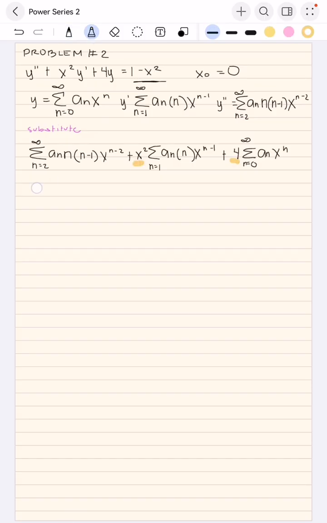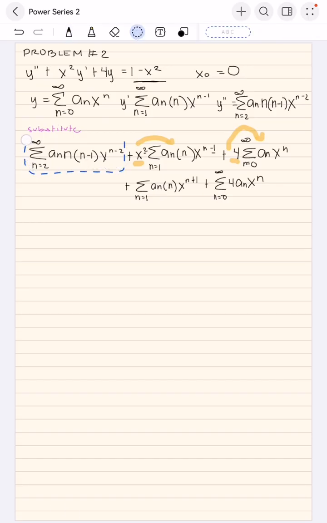So for substitution, we have the summation from n equals 2 to infinity of a_n n(n minus 1) x^(n-2), plus x squared, then we have the summation of a_n n x^(n-1), plus 4 times the summation from n equals 0 of a_n x^n.